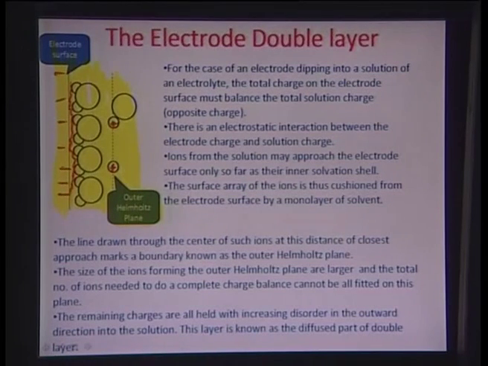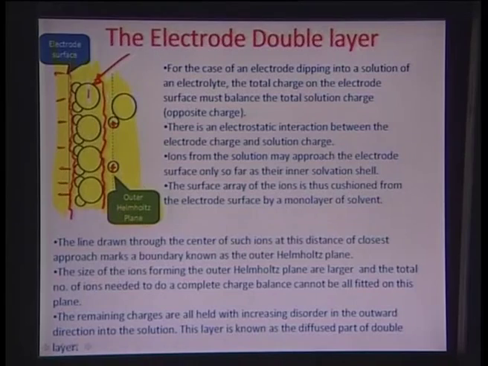This is an interface between a solid electrode and a liquid, and the liquid is almost always aqueous in nature, so there is a tendency of this layer of water molecules to come in between as a dielectric between the positive charge and the negative charge here, and so they get separated by this thin dielectric layer of water.